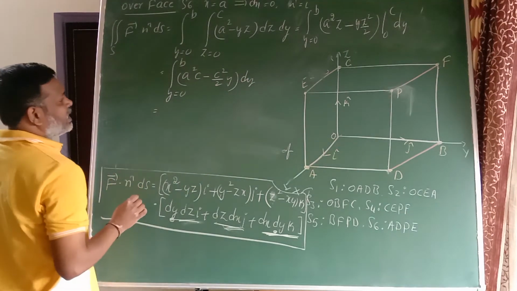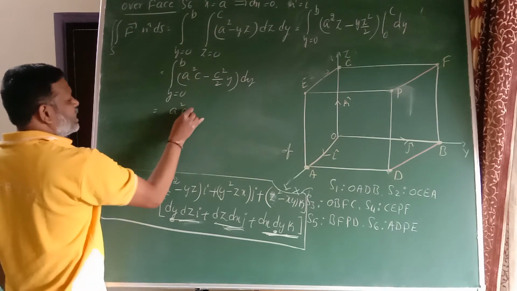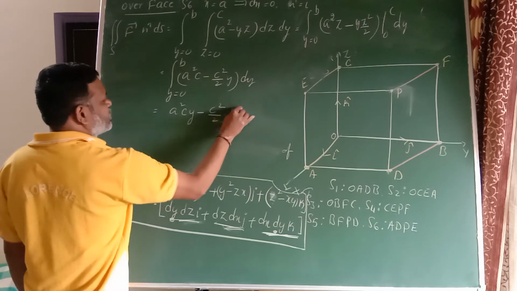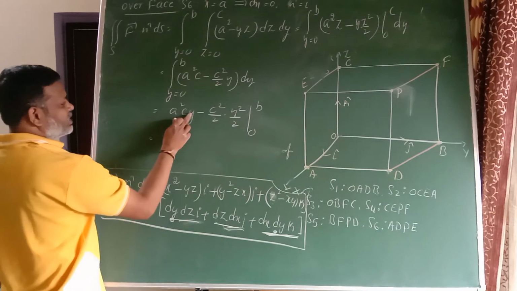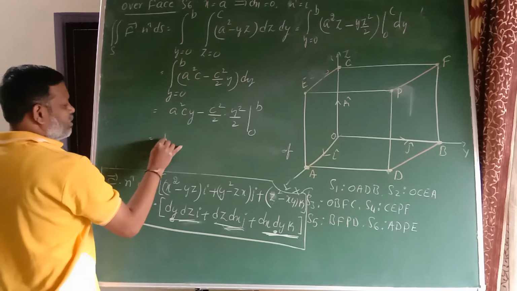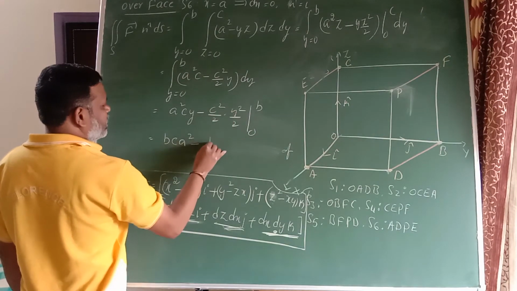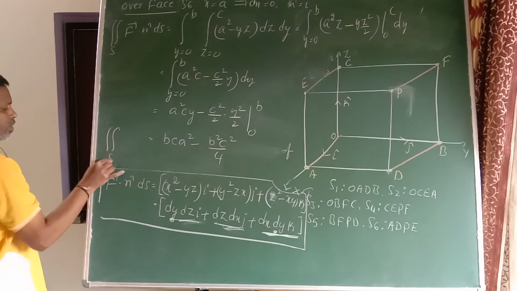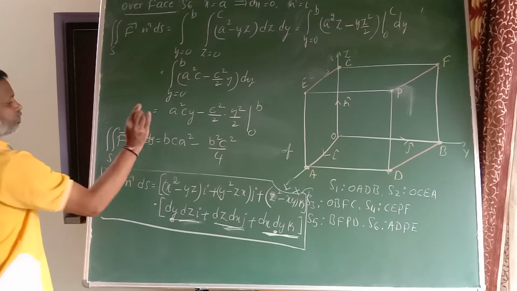Now let us integrate with respect to y. a square c is constant, a square c into y minus c square by 2 into y square by 2 from 0 to b. Just apply the upper limit. So y is b. What happens here? cb a square, nothing but bc a square minus c square b square, nothing but b square c square divided by 4. This is the double integral over s of f dot n cap into ds.